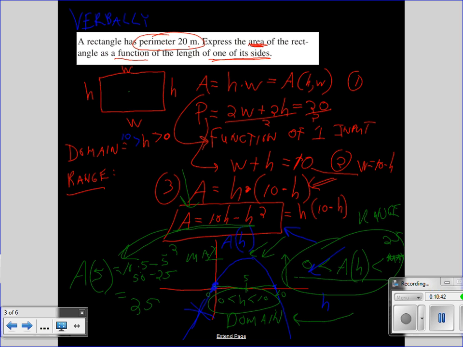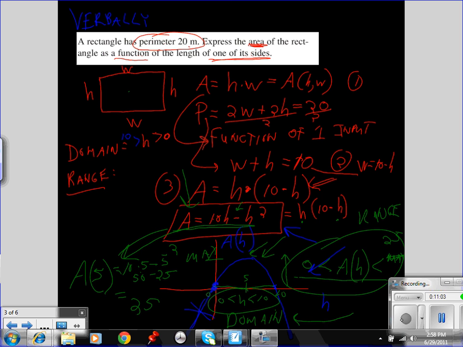Again, you're not going to have all the time sometimes to go to your graphing calculator. Too many extra steps. This is a common quadratic function with a 0 at h equal to 0 and a 0 at h equal to 10. And I knew because of the negative sign it opened down. So again, we need to be skilled like that with other functions.